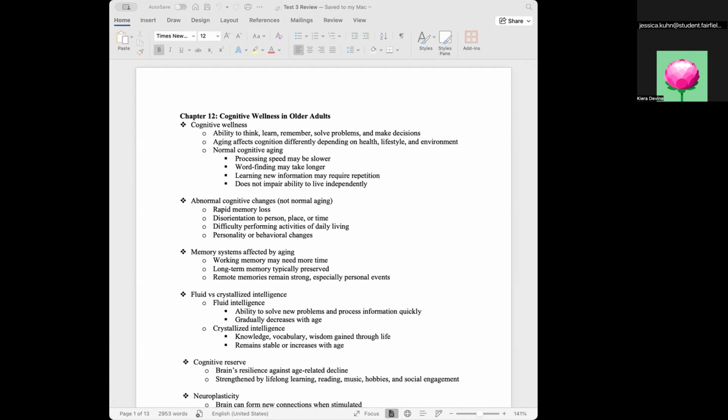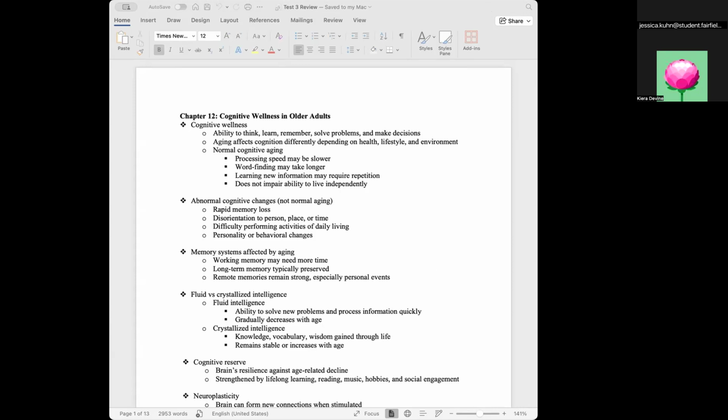The definition they use for cognitive wellness is the ability to think, learn, and remember things, solve problems, and make decisions. This can have normal aging effects, like the ones I'm going to list, but a lot of the cognitive decline issues not listed here are not normal, and we've talked about that before.